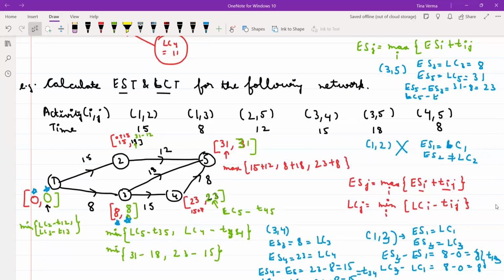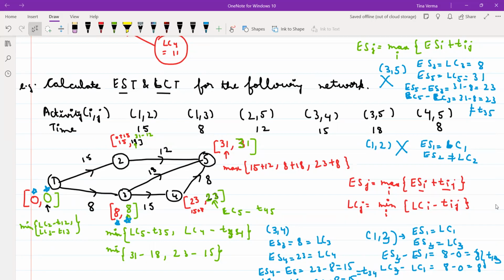LC5 minus LC3 करूं तो 31 minus 8 कितना आया? 23. क्या ये T35 के इक्वल है? No, इसका मतलब 3-5 is not my critical activity. Is it clear? Yes or no?